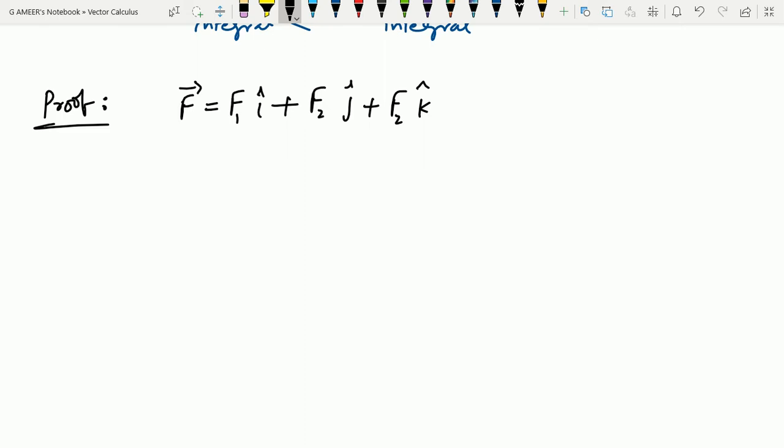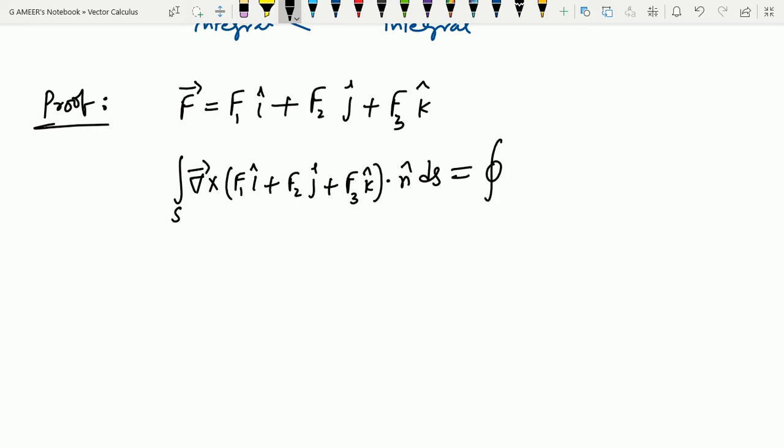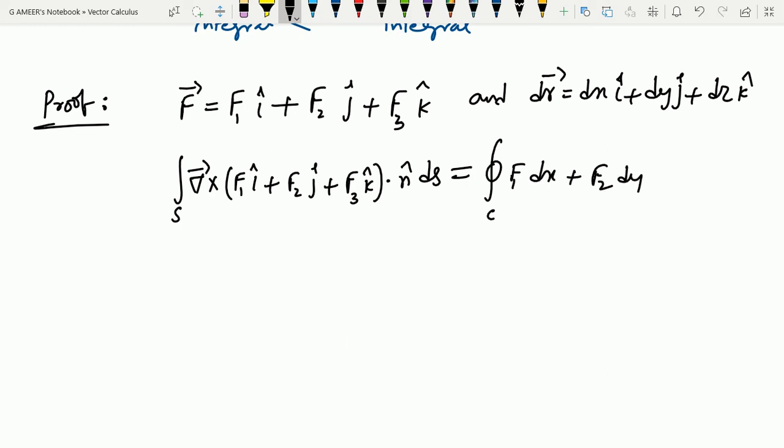What will that theorem be? The surface integration of del cross F, where F is F1 i plus F2 j plus F3 k, dot n cap dS, will be equal to the circulation of F dot dr. The dr vector will be equal to dx i cap plus dy j cap plus dz k cap. So when I do the dot product here, I have F1 dx plus F2 dy plus F3 dz.